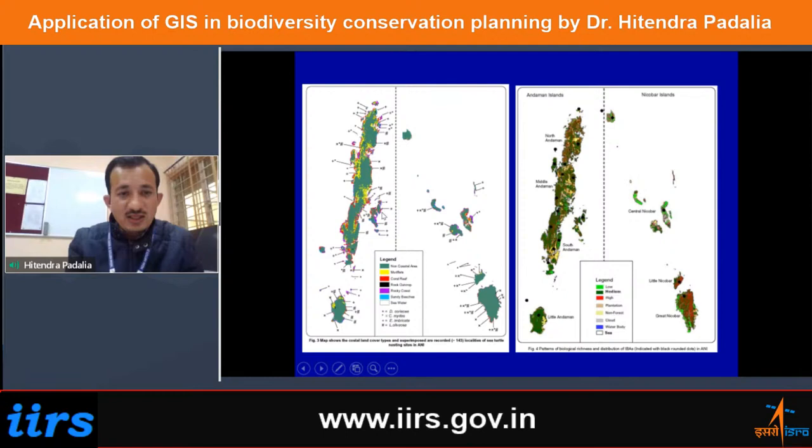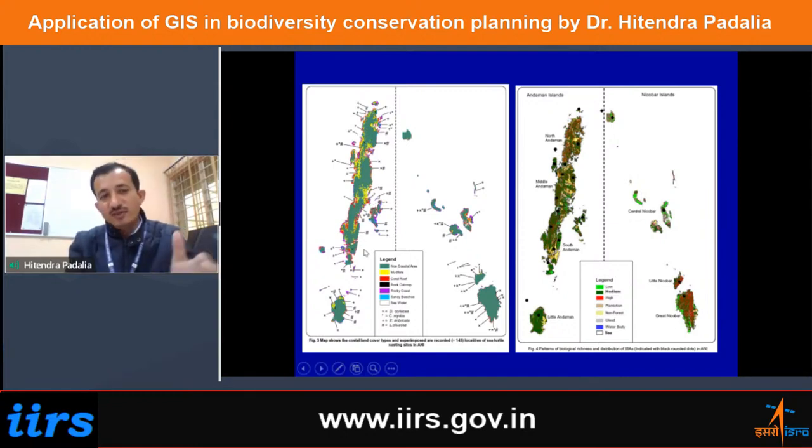Turtles are one kind of focal species in the marine ecosystem, and they move across these islands to different beaches for nesting. If their movement continues over time, it means the ecosystem is functioning well. But if they stop coming to a particular island and beach, then it will not be considered a good sign for the biodiversity, because they are indicator species also.